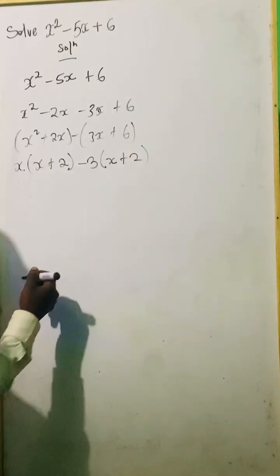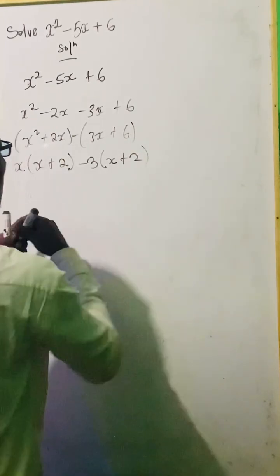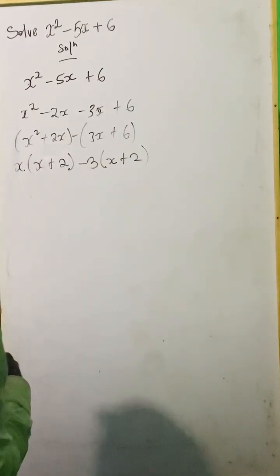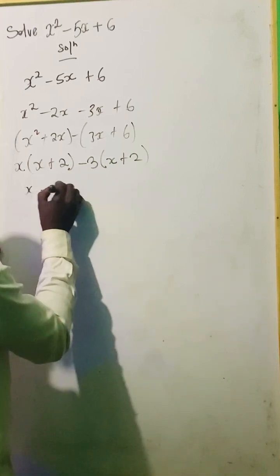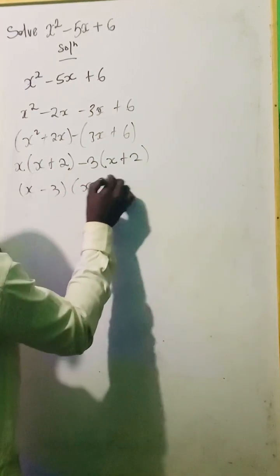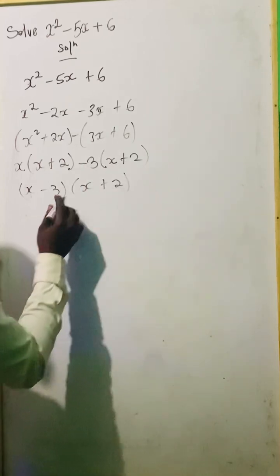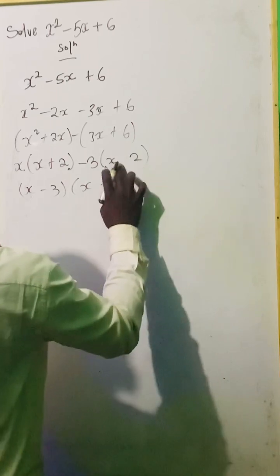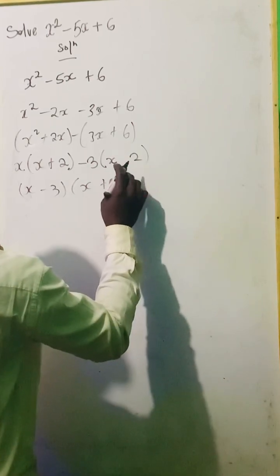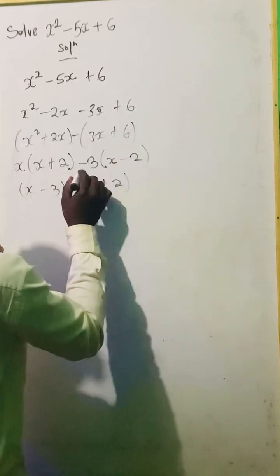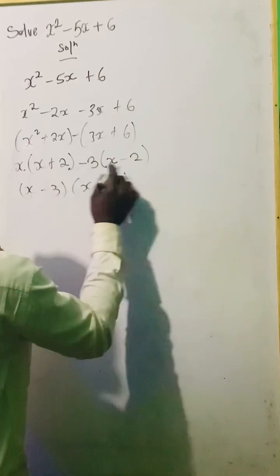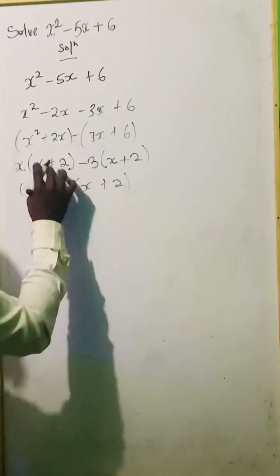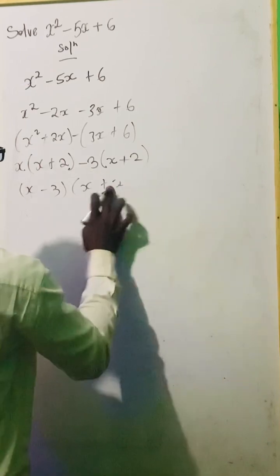So we have x minus 3 and x plus 2. I think we're having a mistake here, because we are supposed to arrive at the same answer in both brackets.